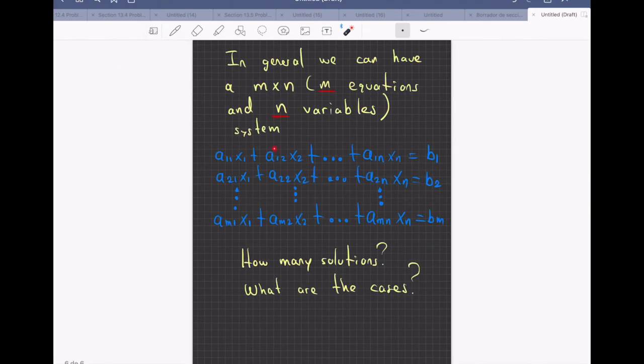What do you think is going to be the case for a system like this? Think about it, or I recommend to read the book or look for that on the internet. Again, for sure, I will have to mention this in other videos. But by now, if you want to think about this or to know the answer, I recommend you look for it.